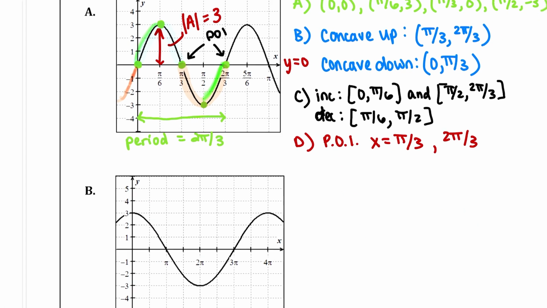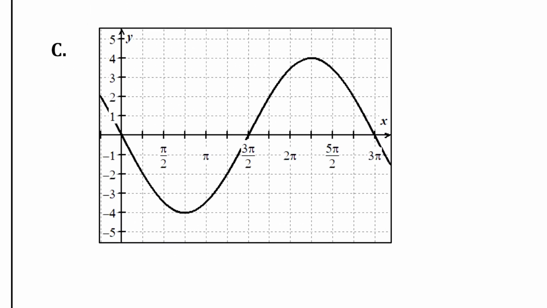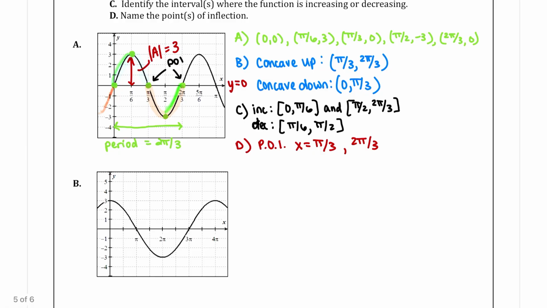But then if you look down at B and C, with C, we are going to call out this point as a point of inflection, even though it's just a different cycle of the same function, because our function is continuing in that direction. Hopefully that makes sense. If not, you can always ask for clarification later.